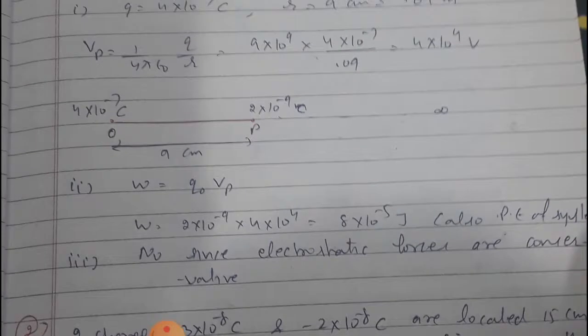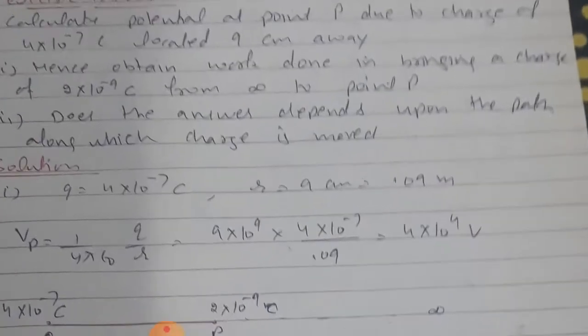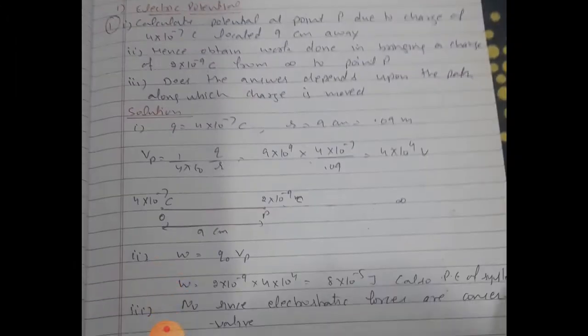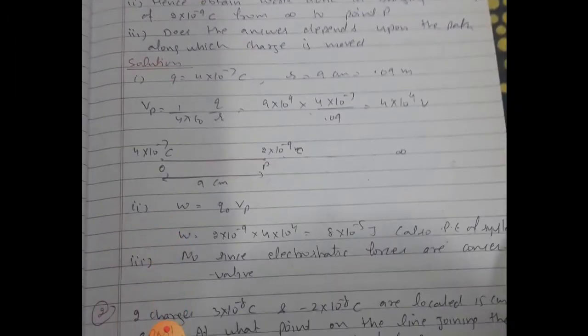Let us come to the third part. Third part is, does the answer depend upon the path along which charge is moved? The answer is no. The work done in bringing a charge from infinity to the point P is independent of the path along which charge is moved. Why?